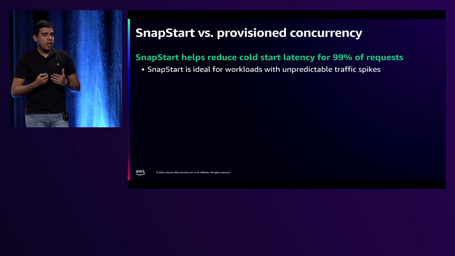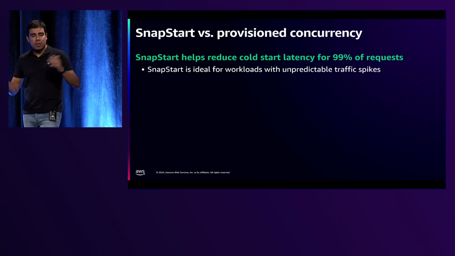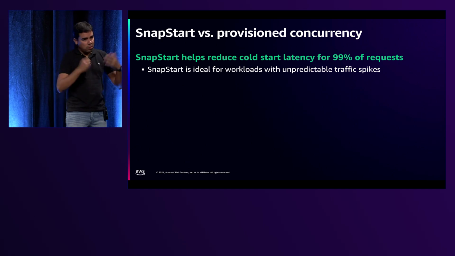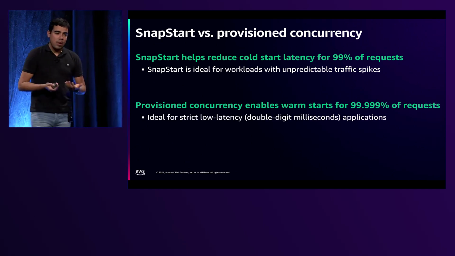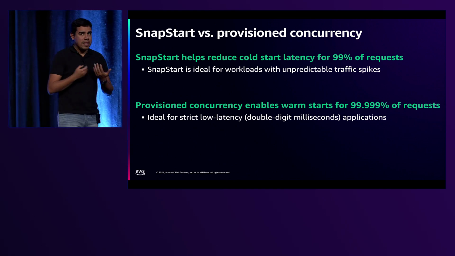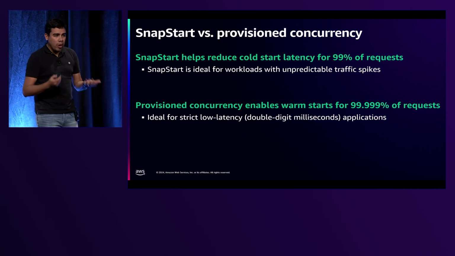You have linear invokes, but at a period of time of the day, you have 1,000 invocations coming. You can use SnapStart to improve this cold start time. While provisioned concurrency, I can say, is ideal for low latency workloads.